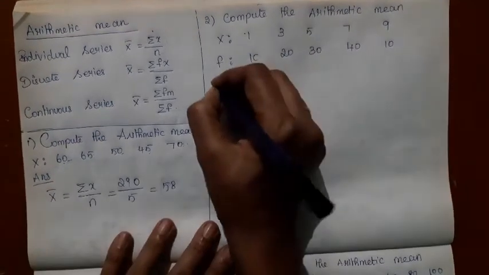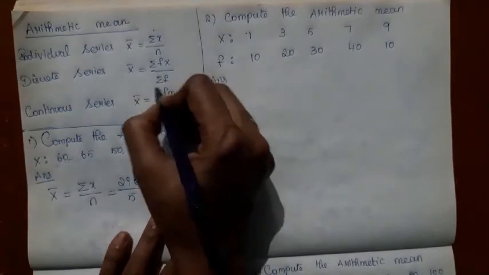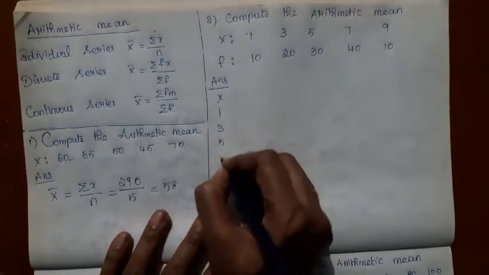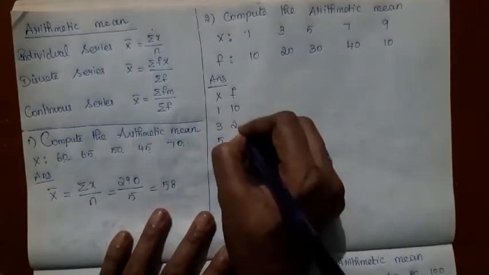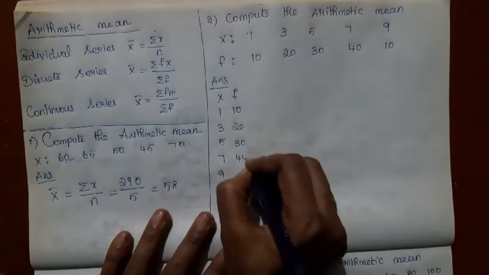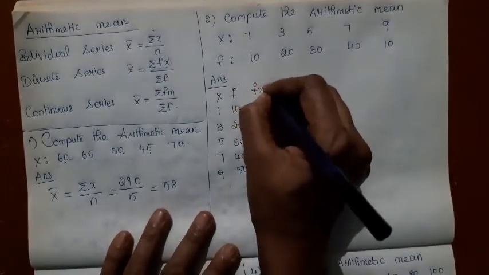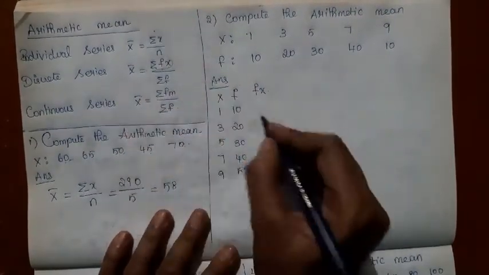Now let us come to this problem. Here the values of x are grouped. This is the formula you are going to apply. You should have a column fx, only then you can compute summation fx. The formula says you need a column fx.